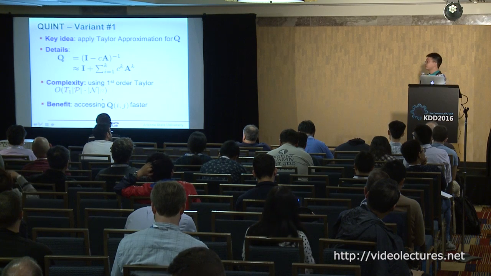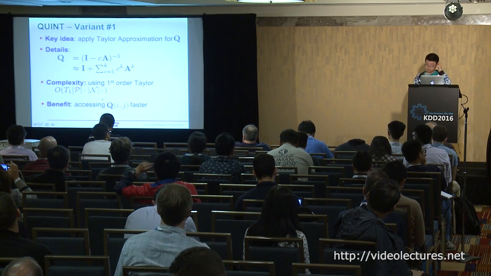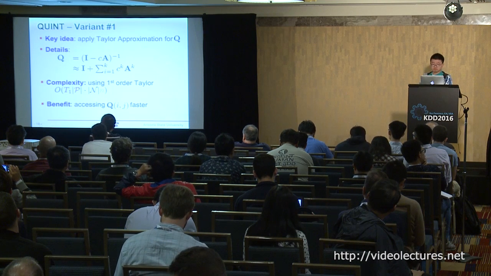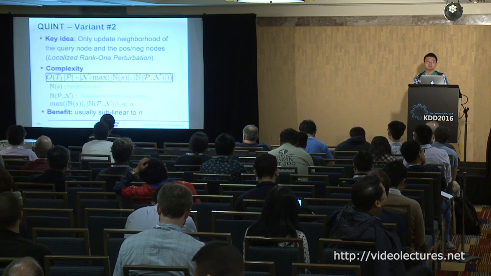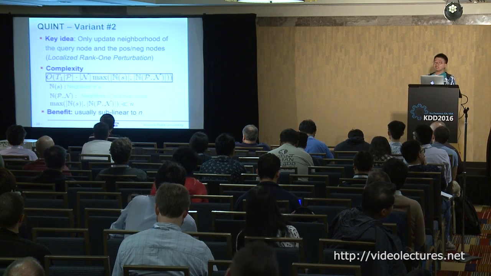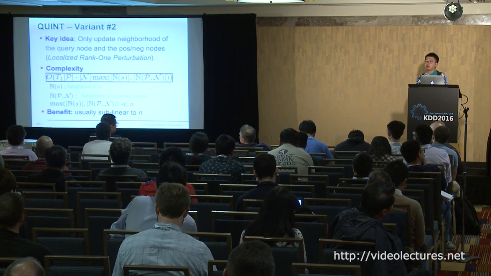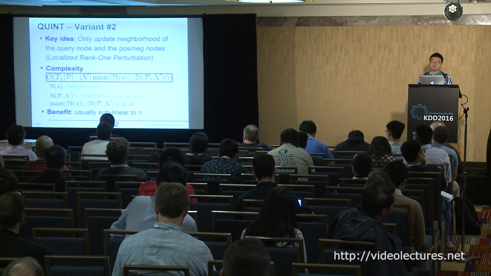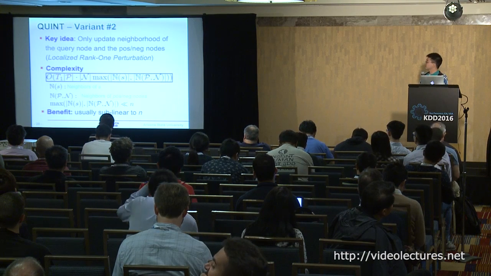The benefit is that we can access Q_ij much faster. In our second variant, which is localized rank-1 perturbation, our key idea is to only update the neighborhood of the query node and the neighborhood of the positive and negative nodes.